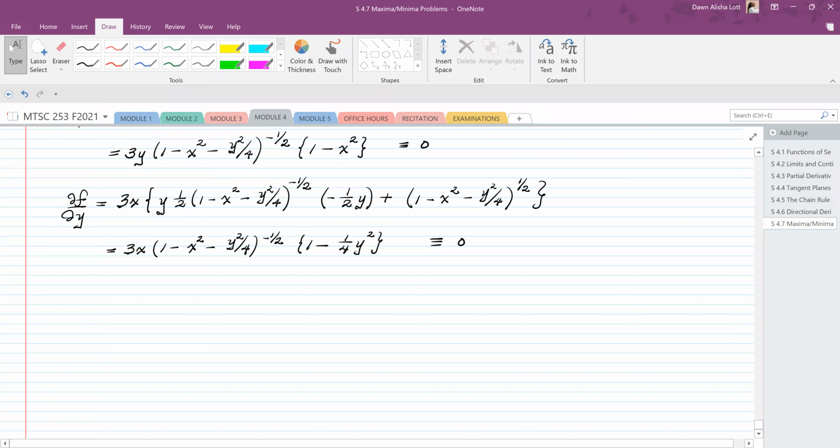All right, so in the first equation, if y is equal to 0, and in the second equation, y is equal to 0, then x would have to be 0.